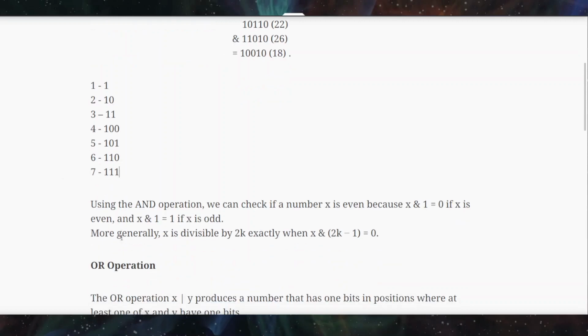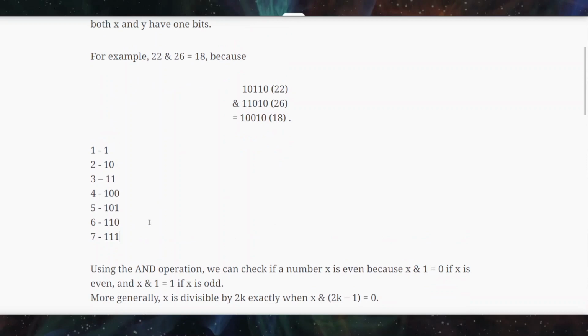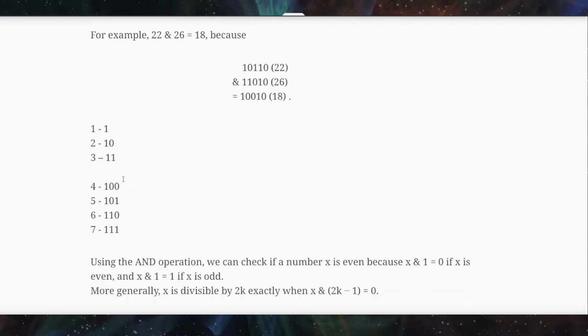So if you want to check whether the given number is even or odd, you can just AND it with 1. For example, if you AND 3 with 1, it gives output 1 because it is an odd number.